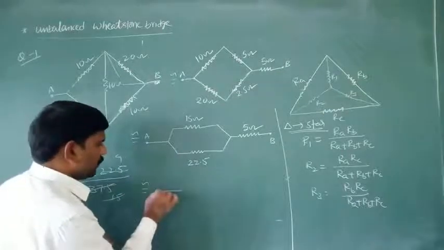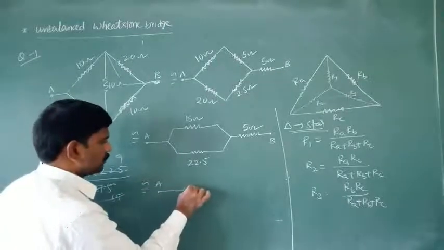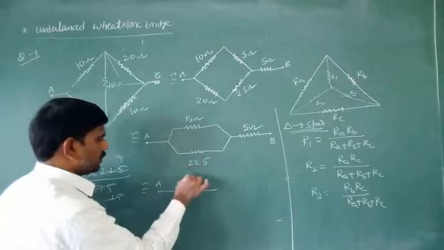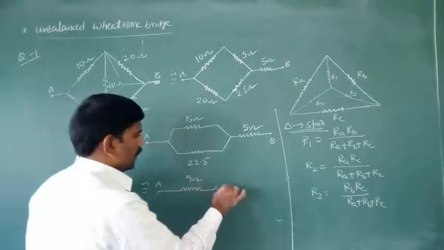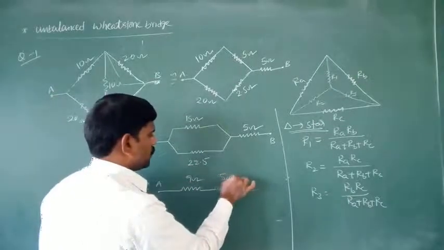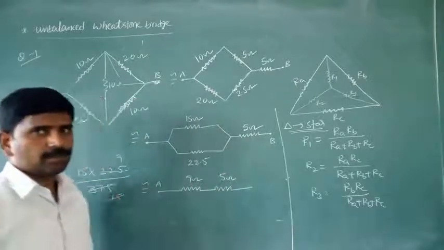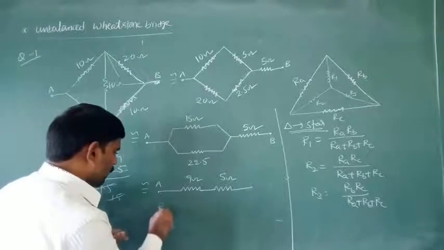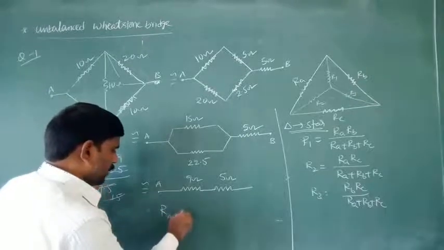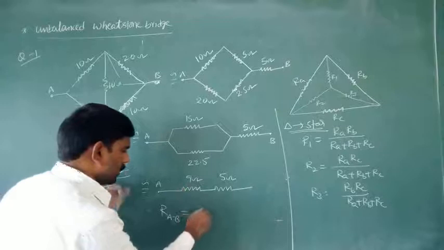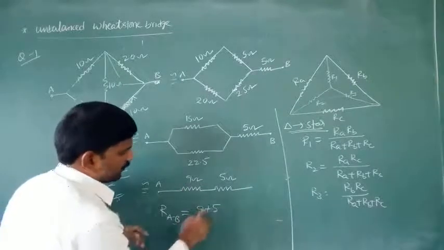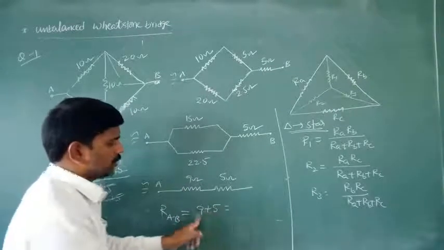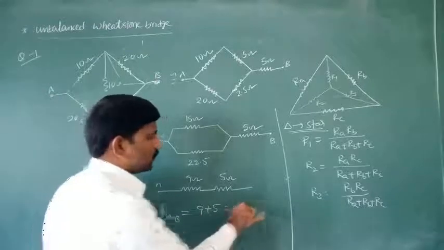Here effective resistance is equal to 9 ohms, and this 5 ohms resistor is connected in series. We want to find R effective across AB. Both are connected in series, that is 5 plus 9, equal to 14 ohms.